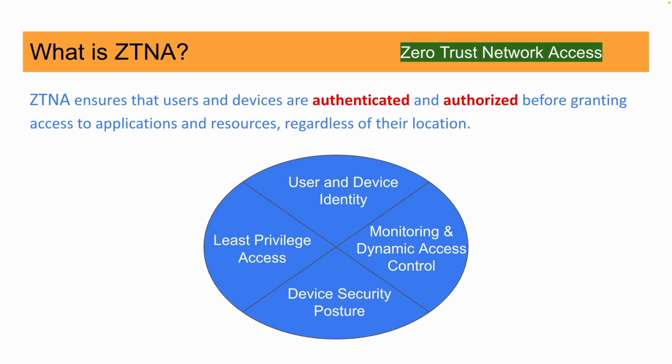It is continuously monitored and dynamically adapting to the changes as well. Overall, in ZTNA, access is granted only after multiple verifications and it is still limited to specific resources, reducing the risk of unauthorized access or lateral movement within the network.